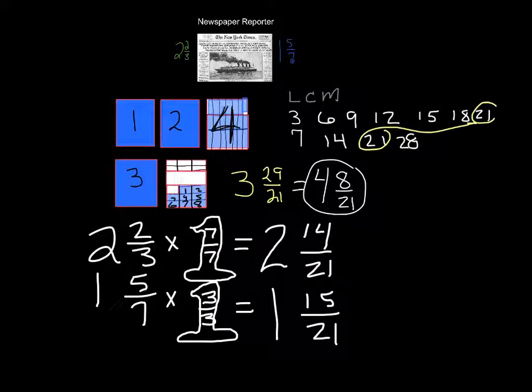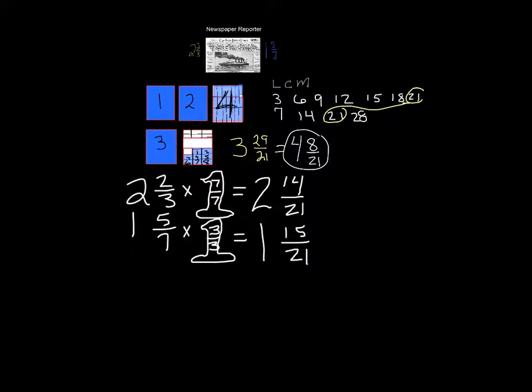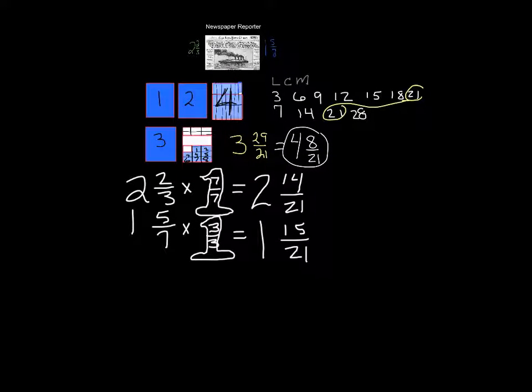And now I am ready to add because I've got common denominators, right? So the rule with adding is that the denominators just tell us how many parts these pages are cut into, right? So they're cut into 21sts. That doesn't change, so I just drop my denominator. And the other rule is that I do add or subtract my numerators.